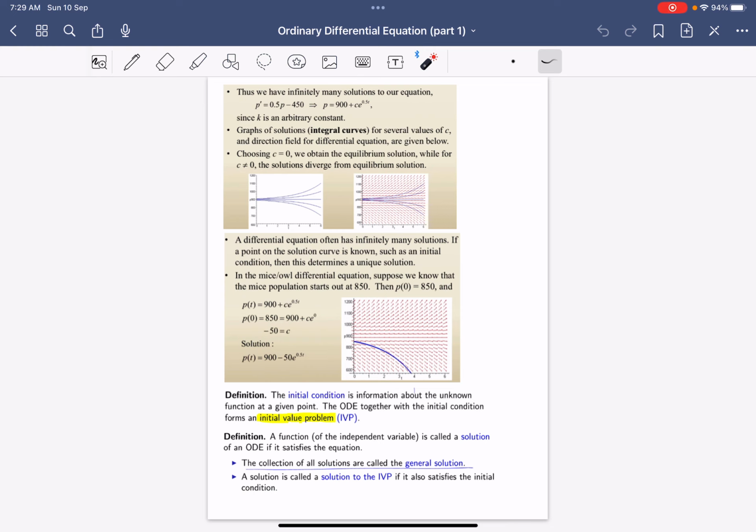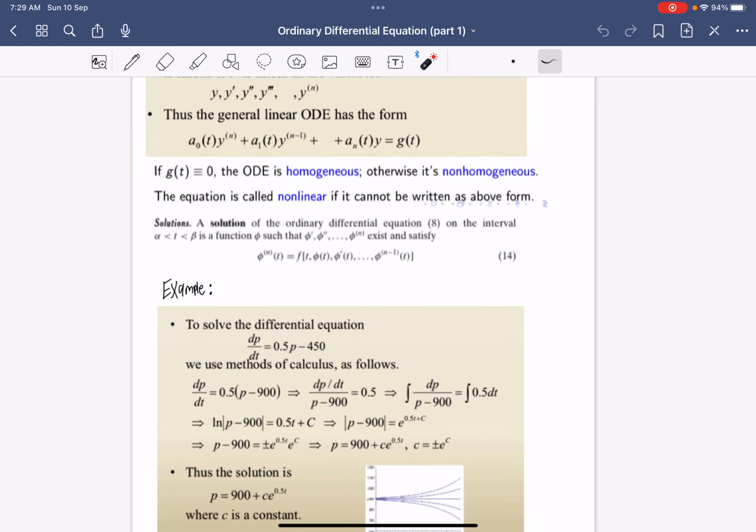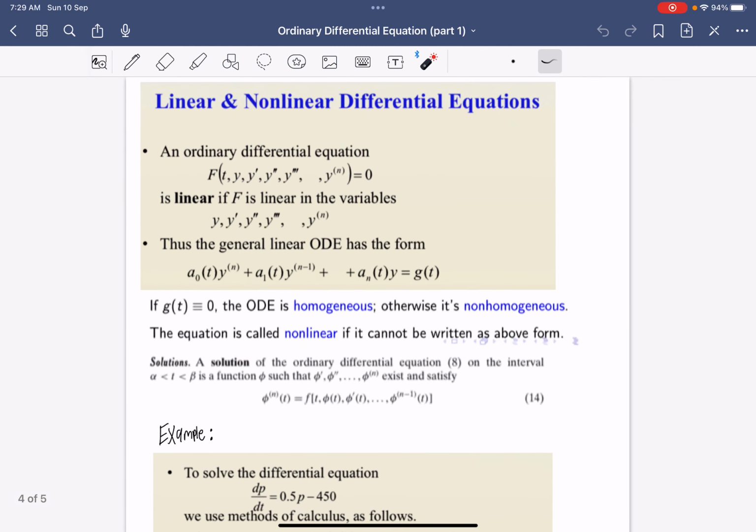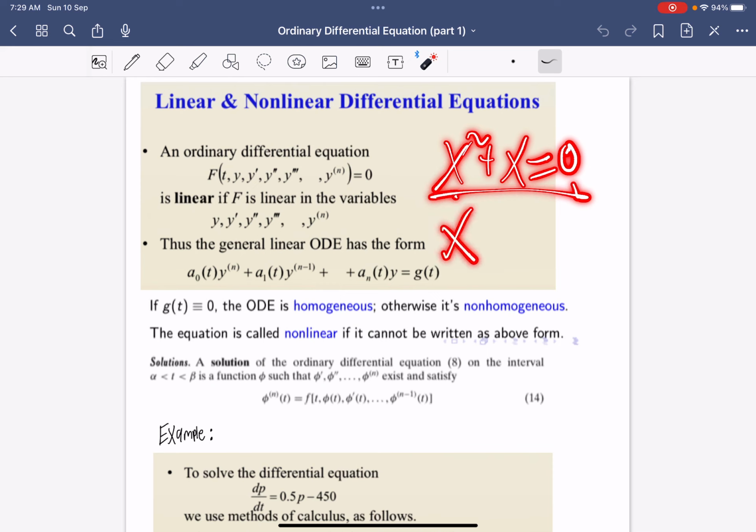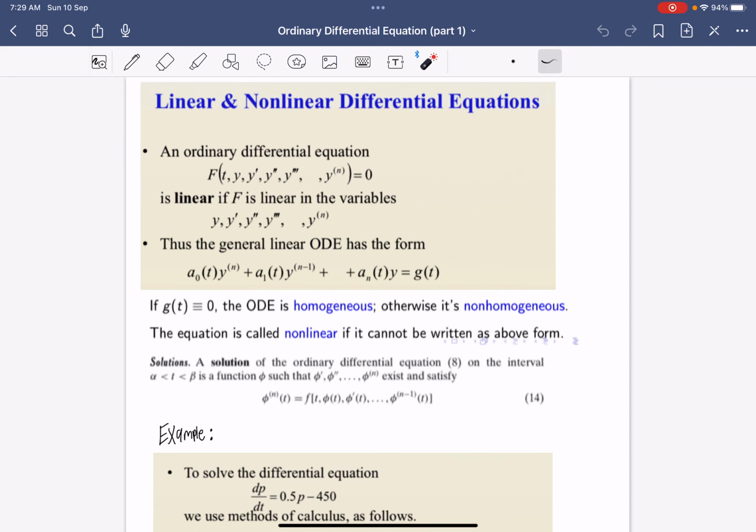So when we find a solution to an equation in algebra, like maybe x squared plus x equals 0, a solution is finding an x such that this holds. Similarly, a solution to an ODE is finding a y, which has to be a function, such that this holds.